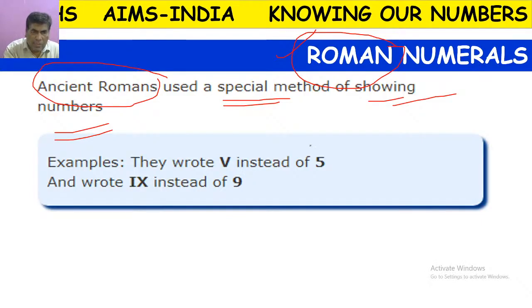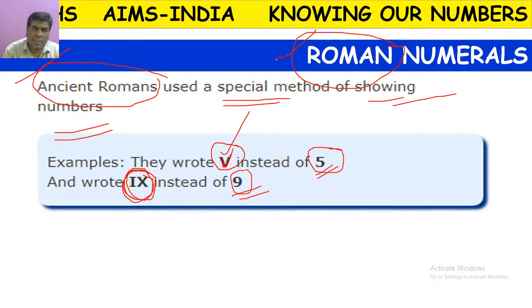In Roman numerals, instead of 5, they used the V symbol. Instead of 9, they represent it as IX. Like this, the ancient Roman people used different kinds of symbols for representing our numbers.